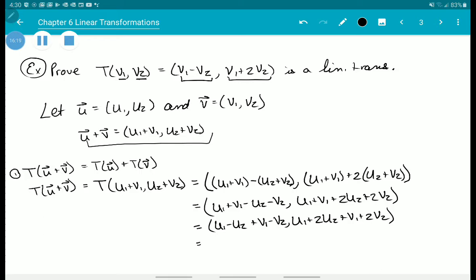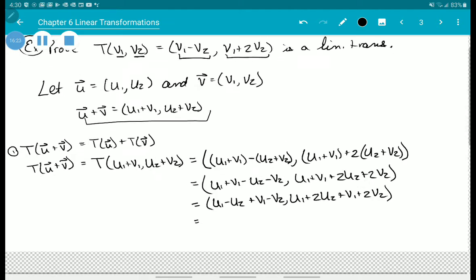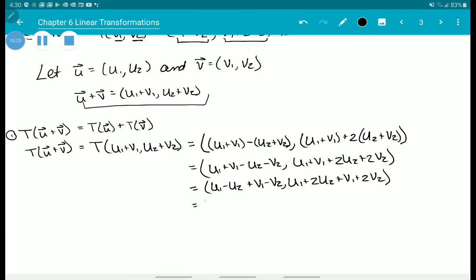Now I'm going to group all of the U terms into one vector, and then I'm going to group all the V's into another vector.